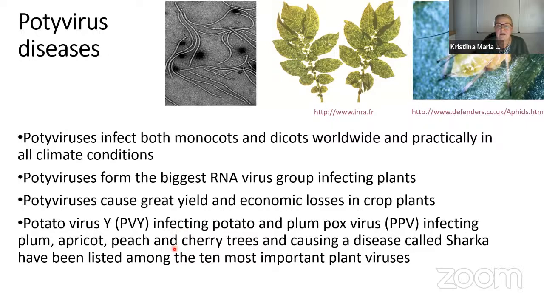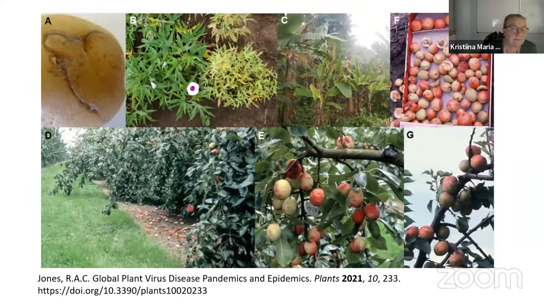They have been selected to be among the 10 most important plant viruses worldwide. They cause severe economic losses. The potato virus Y, and especially its necrotic tuber strain that is causing necrosis in tubers, is a very important and difficult problem in the world at the moment.